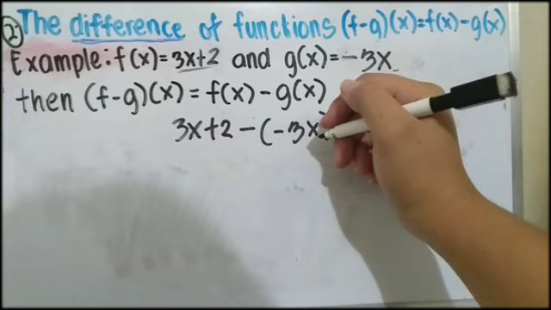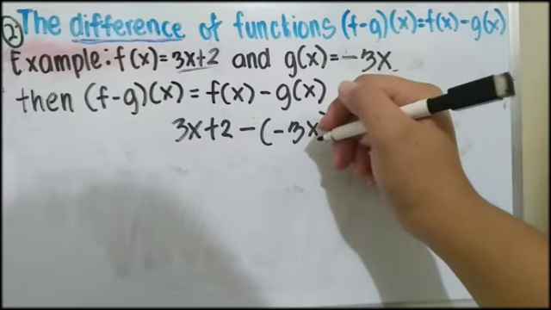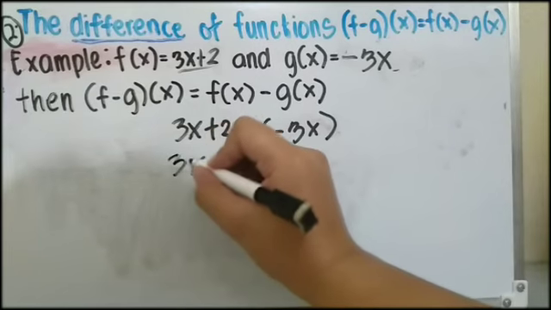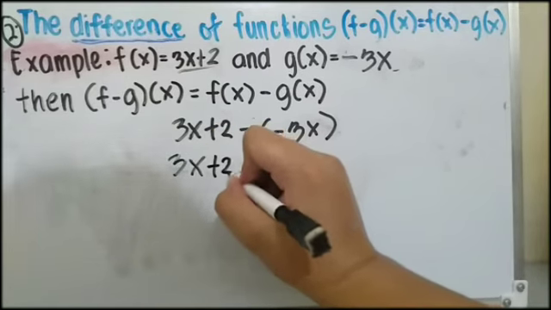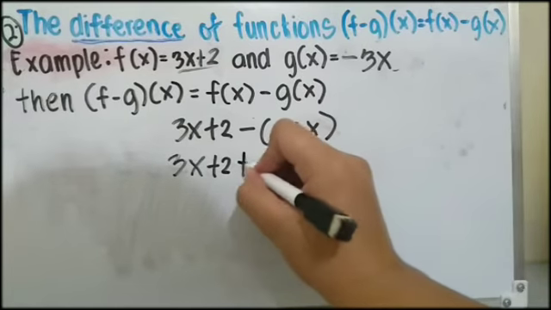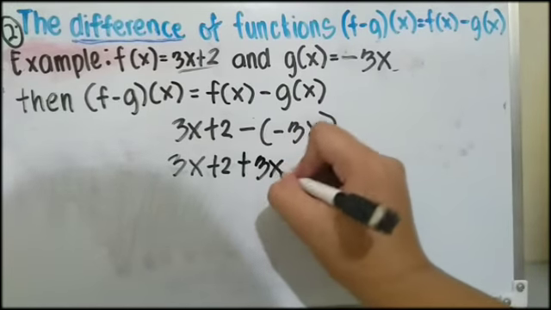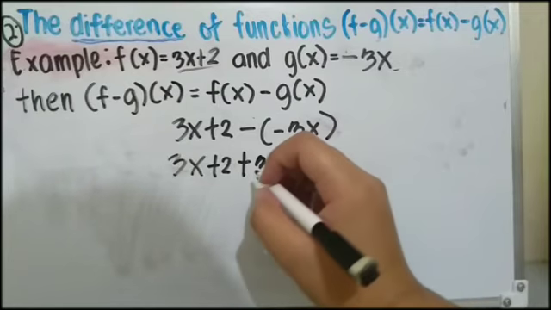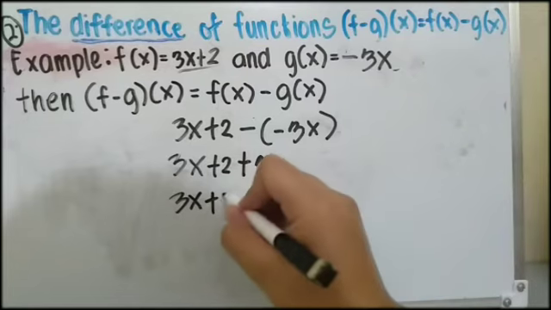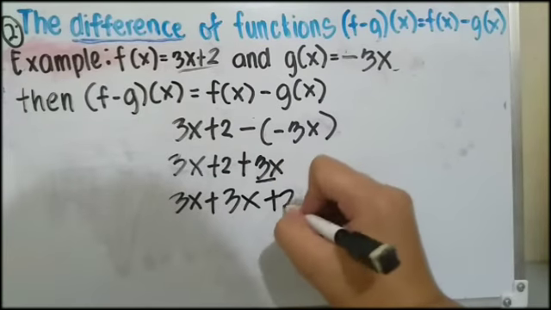And now, 3x plus 2, and then negative times negative will become positive 3x, and then you put together the like terms, 3x plus 2.